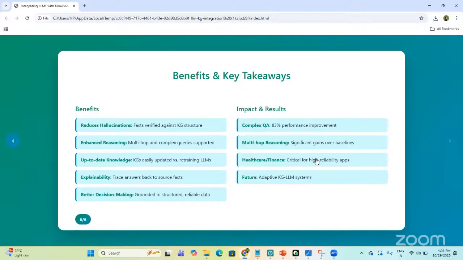Overall, this integration leads to better decision making grounded in reliable and structured data. In summary, knowledge graphs act as the factual backbone for large language models. When combined together, they create a smarter and more trustworthy reasoning system for enterprise and critical applications.